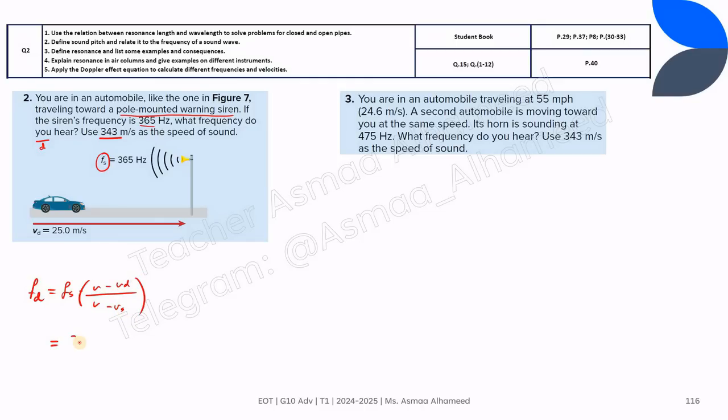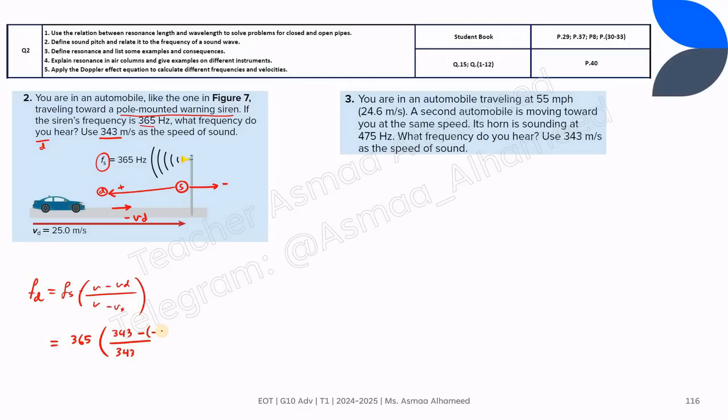So here the source is 365. Now the speed is 343 over 343 minus, are you moving? Yes, you are moving to the source. So this is source, this is detector, and this is the positive direction, but you are moving in the negative direction, so your velocity is negative.